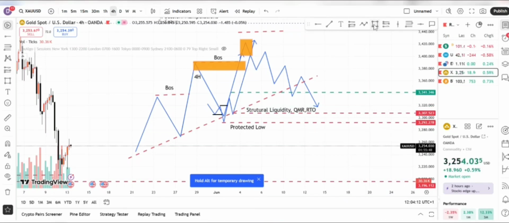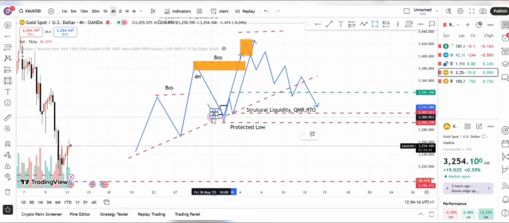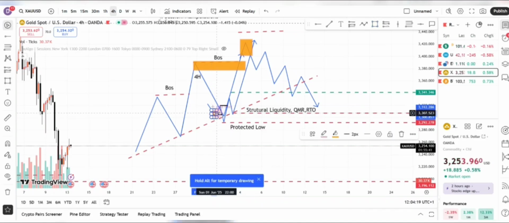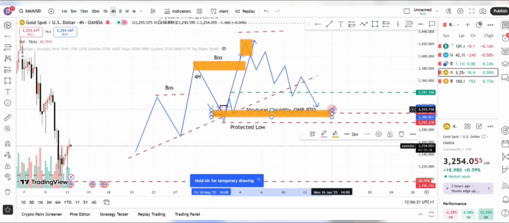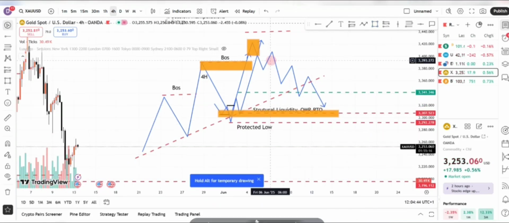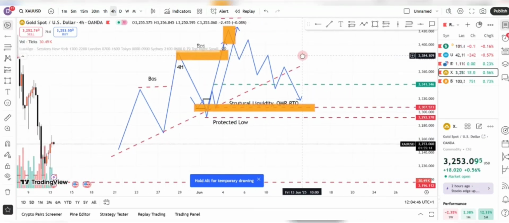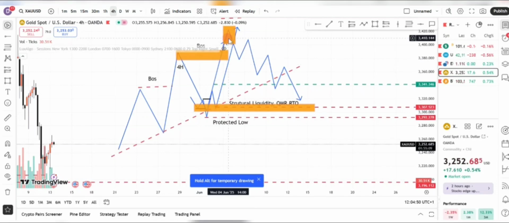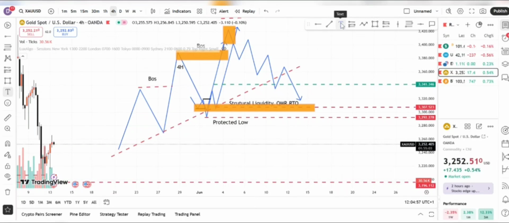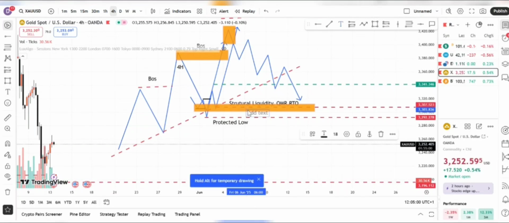This is my point of interest, my POI. This is my point of interest to buy this market. Because we have stopped out people down here on this major trend and we'll stop them out up here on this major trend, this is my POI. I call it POI, which is my point of interest. That's it.